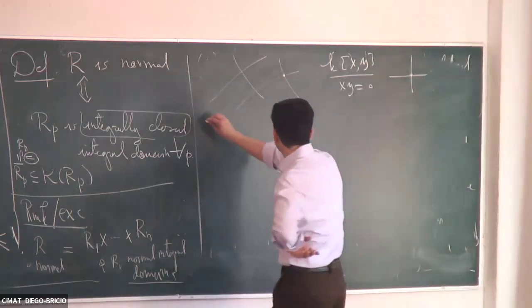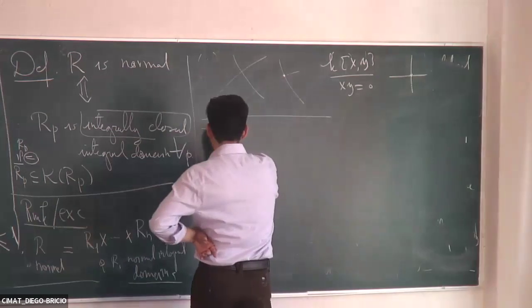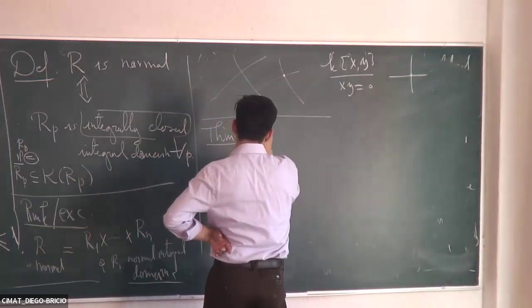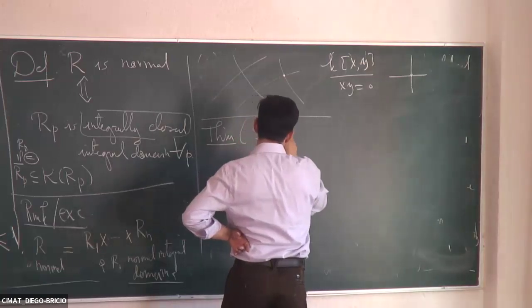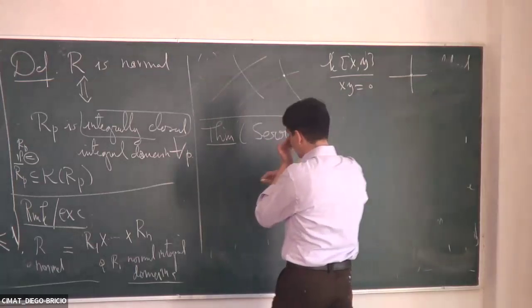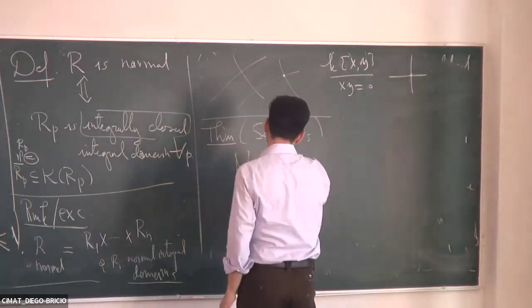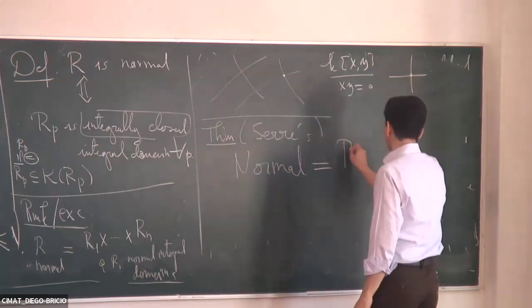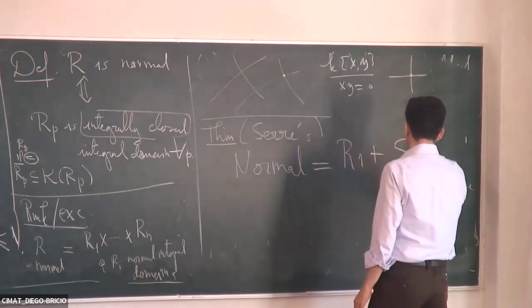So here is the Serre criterion for normality, and it says that normal equals R1 plus S2.